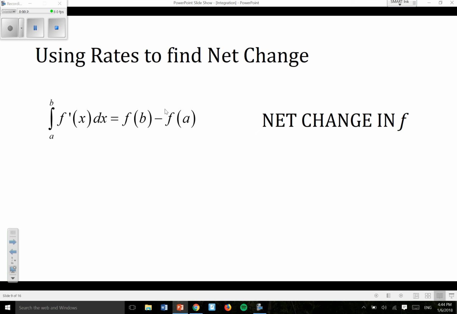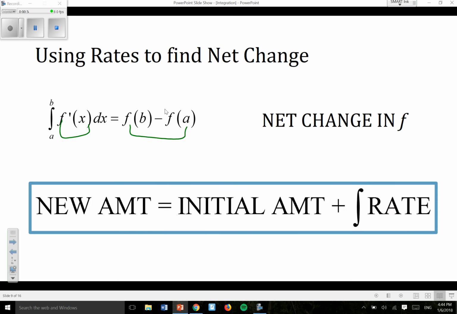If we integrate f prime of x, we get the change in f from a to b. This means, and this is something you should definitely write down, if we want to find the new amount of some quantity, we take its initial amount and then add the integral of its rate.